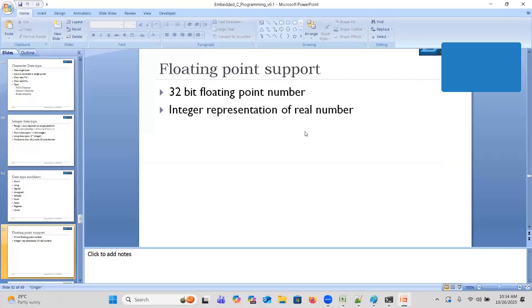So you can represent 0.000005, which is a very small number, and to represent that you require 32 bits. 99999.9999999, maybe you can have 10^9 also. To represent that also you require 32 bits. So how are they doing it? There is a standard.